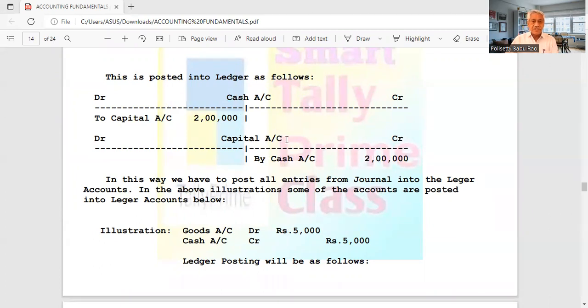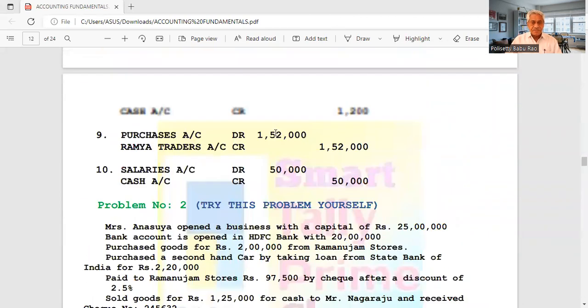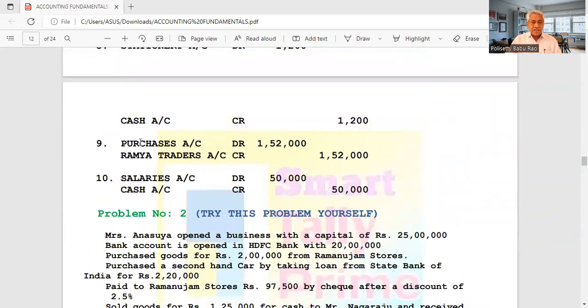In the journal, we have learned, for example, purchase account debit, Ramya account credit. So you have to remember this debit and credit well: debit means debit account, credit means credit account.